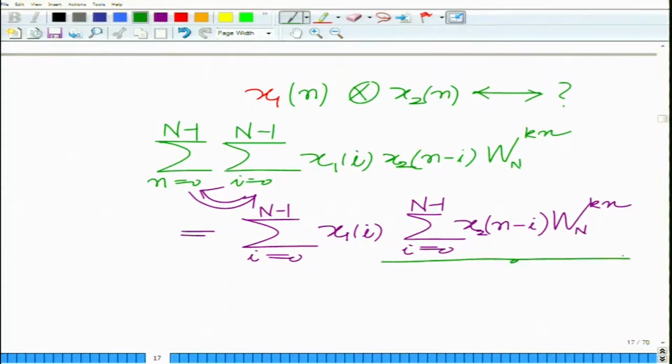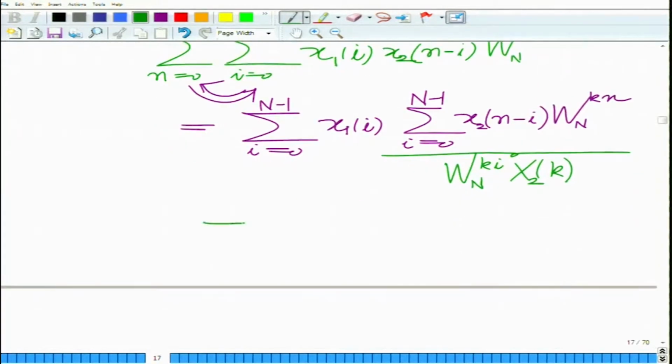Remember this is the DFT of the shifted sequence, x2 of n minus i. So this is simply W_N^{ki} times X2(k), okay.